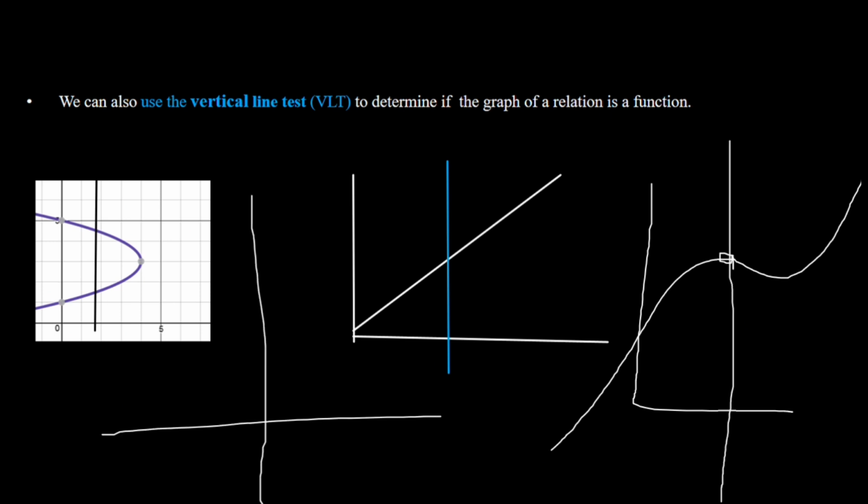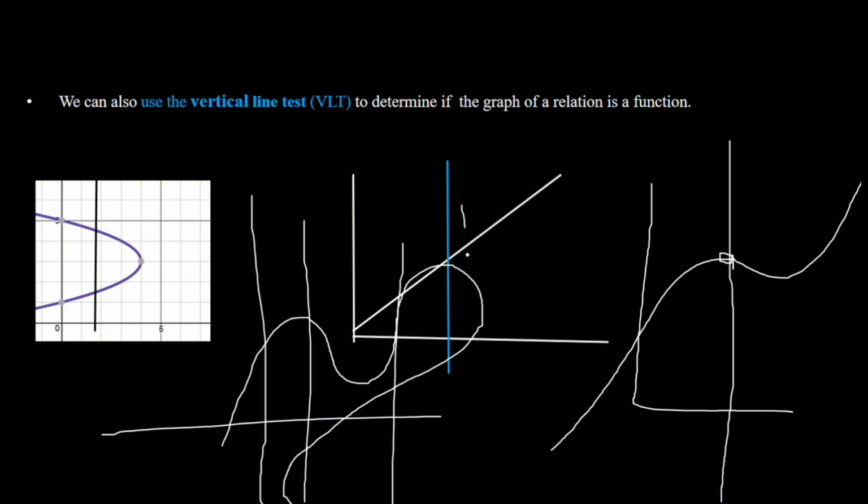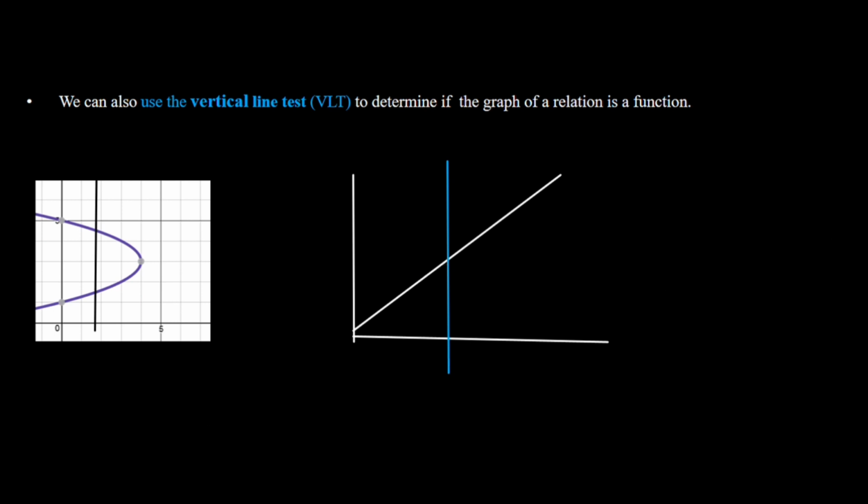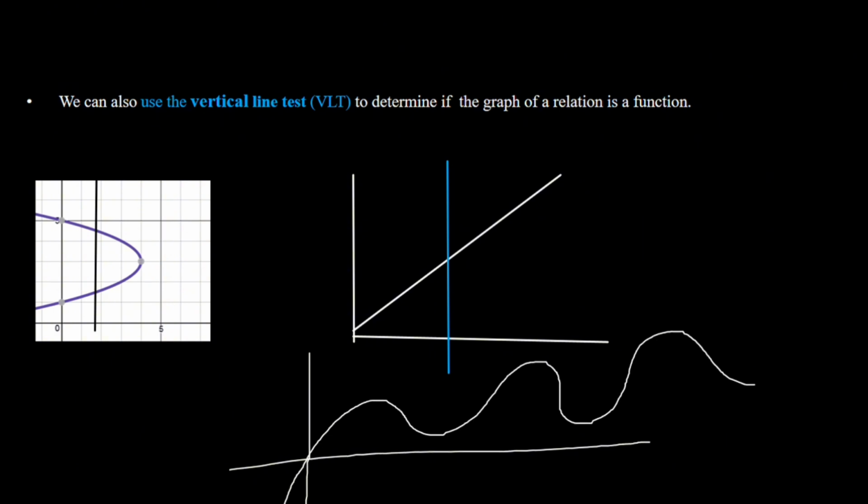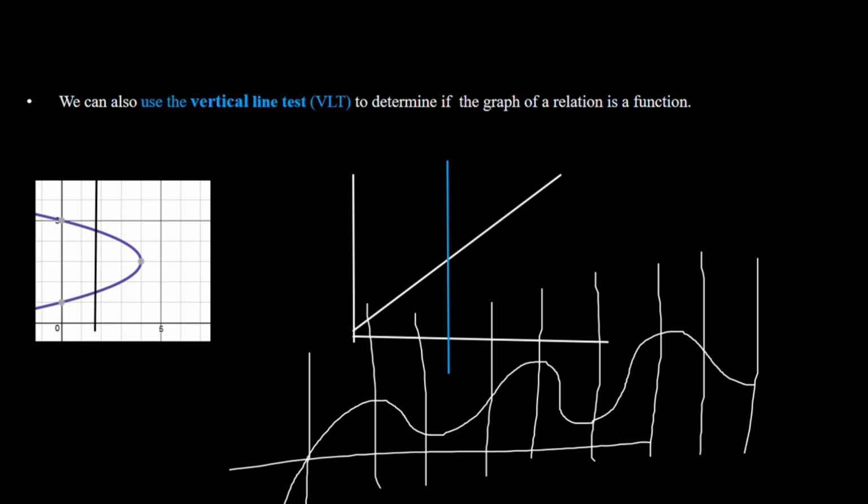But in case we have something like this, if we draw multiple vertical lines, we find multiple points of intersection on one vertical line. Hence, this is not a function. Let's figure it out again. We have a graph like this. If we draw multiple vertical lines, we find only a unique point of intersection at any point.